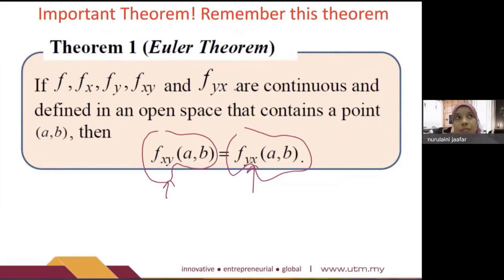That means if you differentiate with respect to x first and then with respect to y, it is the same as when you differentiate with respect to y first, then x. So fxy equals fyx, if these functions are continuous.